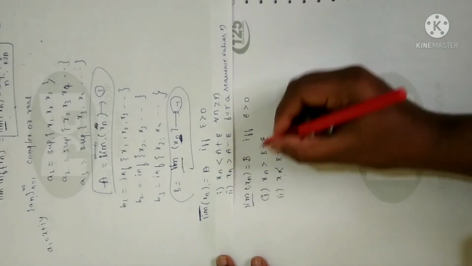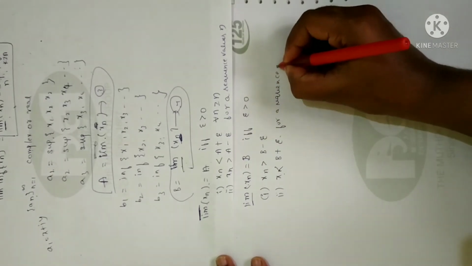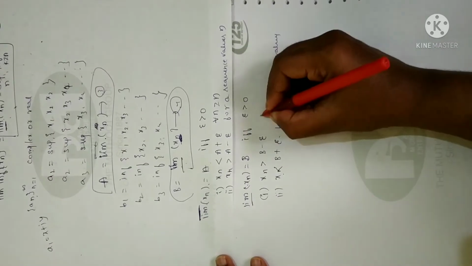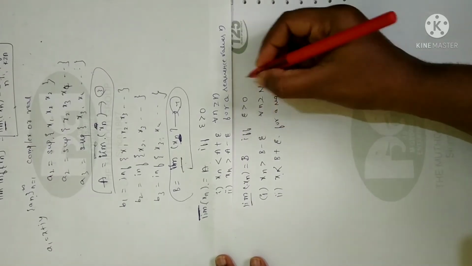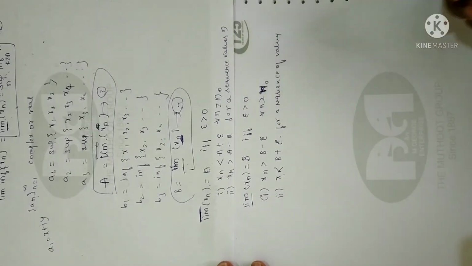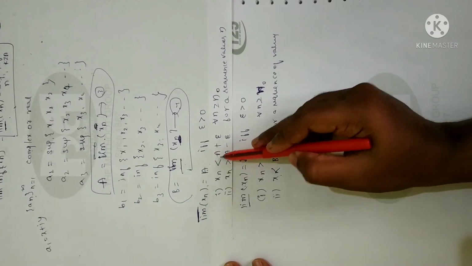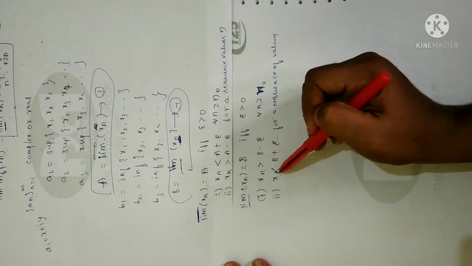Fine. So for a sequence of values, this is for all n greater than or equal to n naught. Let me take this as n naught, because n is already used. Fine. So when you have limit supremum, you have to remember these two conditions. It is just the reverse. You can note that.